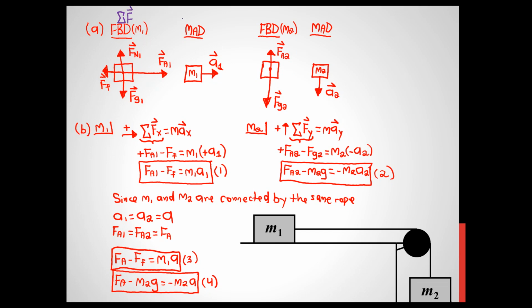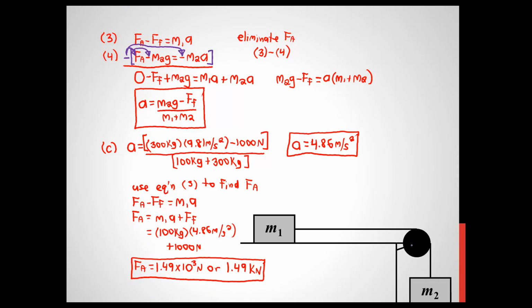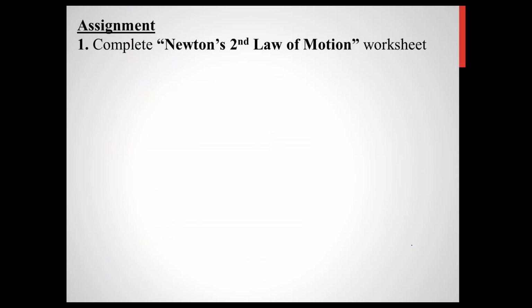The MAD is just a visual representation of the MA part of the equation. So really what we're doing is we're taking Newton's second law, we're representing it visually, and then from this visual picture, we're building whatever equations we need to solve the problem.